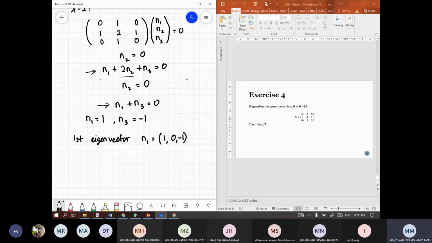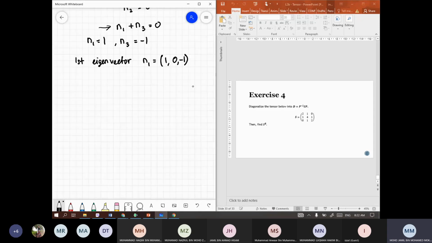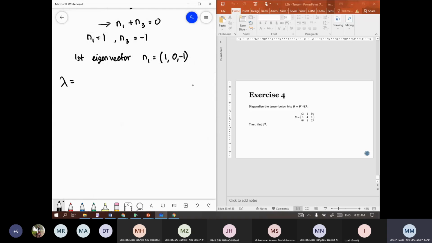So now let's try to find the second eigenvector when lambda equals 3 plus square root 3.